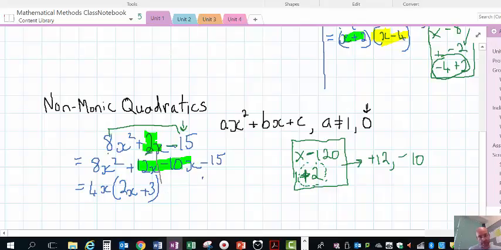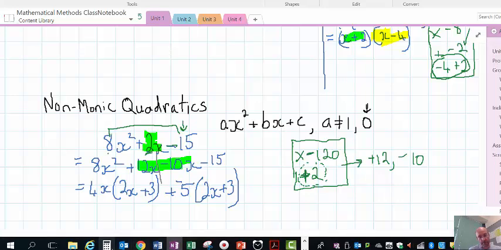If we want to get another 2x plus 3 factor, which is really what we should end up having, we need to take a negative factor out. So we're going to go minus here, and with 10x and 15, we're looking at 5.